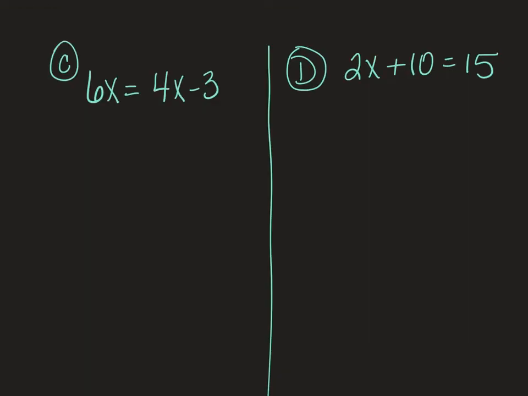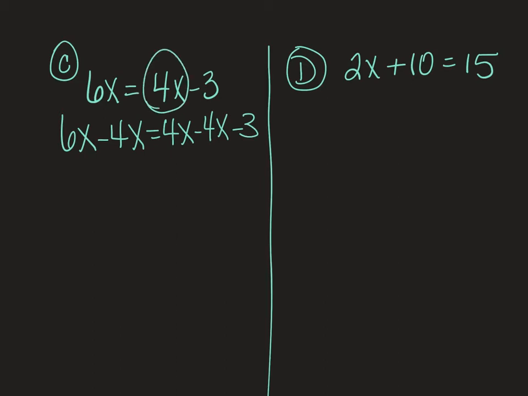In this case, we have our variable on the left, and we also have a variable on the right. So we've got to get this variable on the right over to the left through inverse operation. All right, so if we have 6x, we're going to minus that 4x over here equals 4x. Why am I subtracting 4x from both sides? Because it's the inverse operation. The inverse operation of a positive x would be a negative x, same as subtraction.